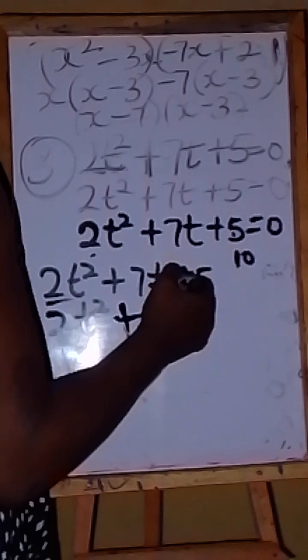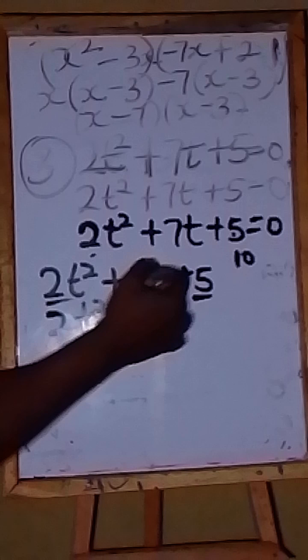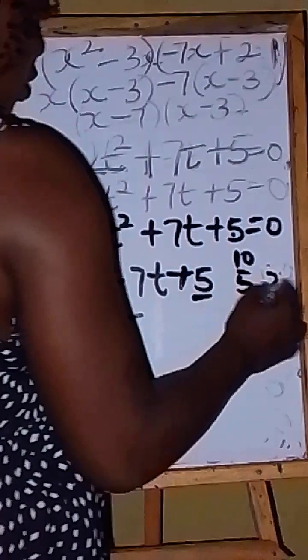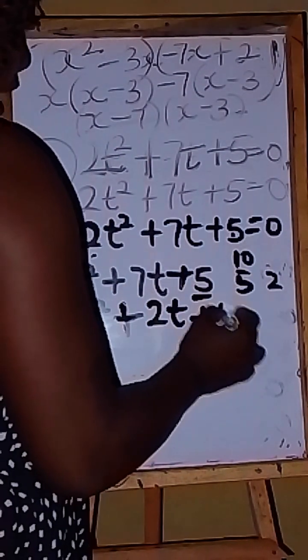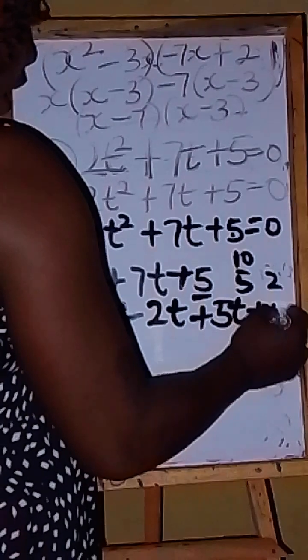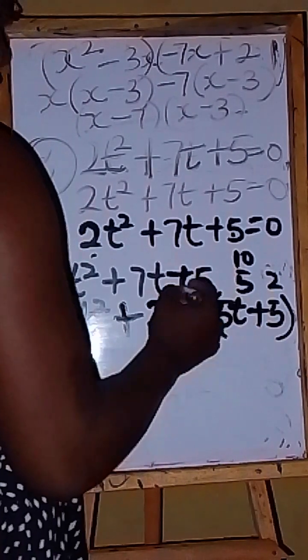So looking at this, let's look at the factors. What are the factors of 10? That is 5 and 2. So we just insert 2t plus 5t plus 5.